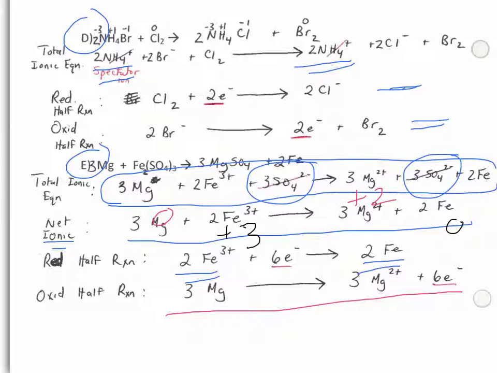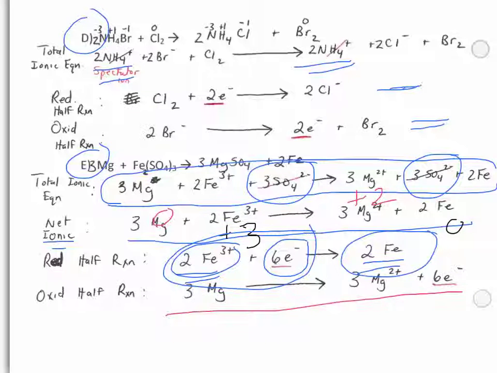The key thing is that I have 6 electrons here because I have 2 times 3 plus, right? I have 2 things that have a charge of 3 plus, and so that's 6 positives. And so I need to have 6 negatives in order to have a total charge of 0 on this side of the reaction. I know the total charge needs to be 0 on the reactant side because the product side has a total charge of 0.